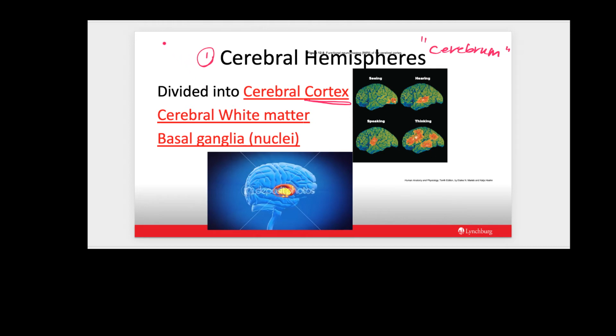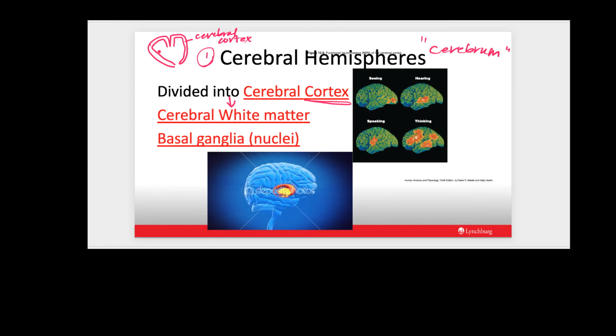So if you look at the brain kind of in frontal plane view, like we saw before, it's going to be that outer 2 to 4 millimeters of tissue. And so this is going to be the cerebral cortex along the outside, and then on the inside is going to be the white matter.